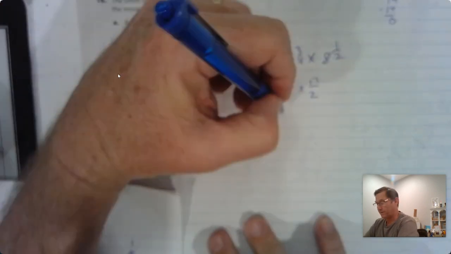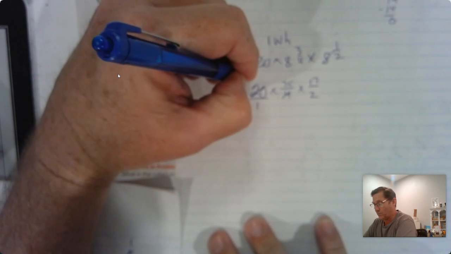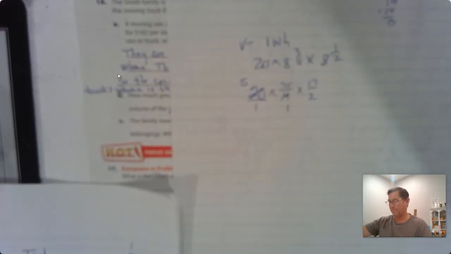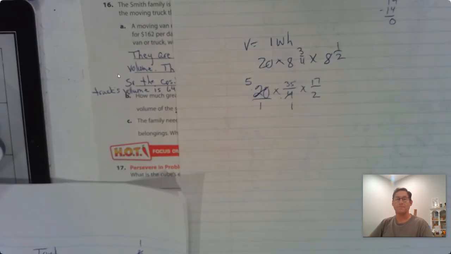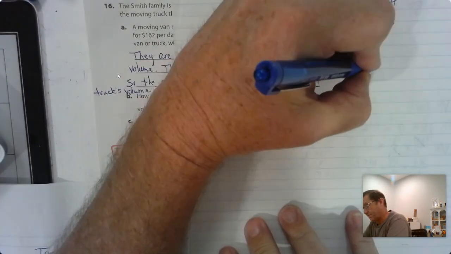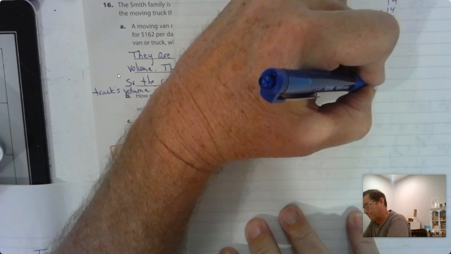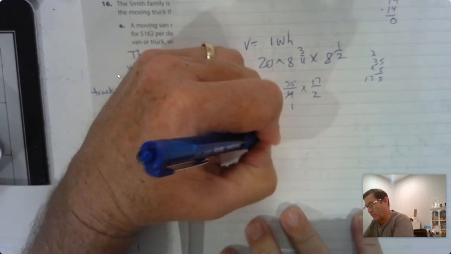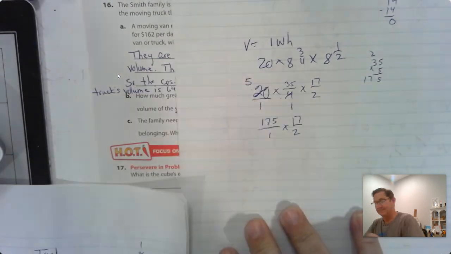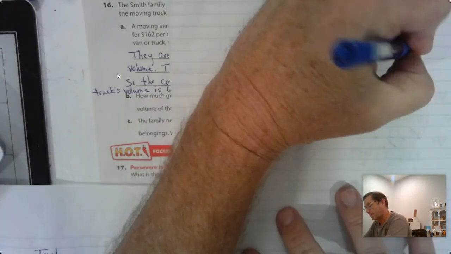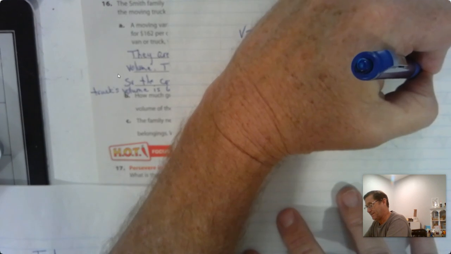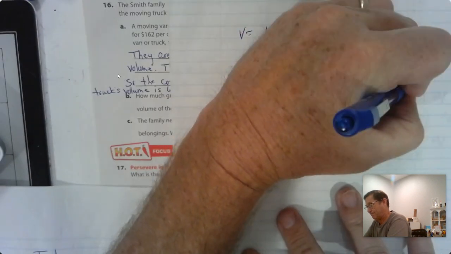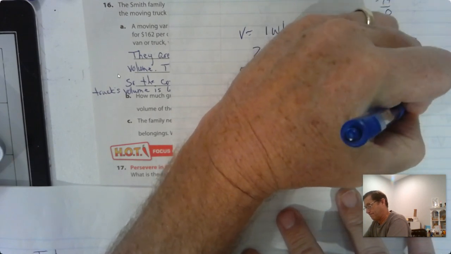I know that 4 is a common factor of 4 and 20, so I can simplify that. All right, so 5 times 35 is 175 over 1 times 17 halves. 175 times 17.